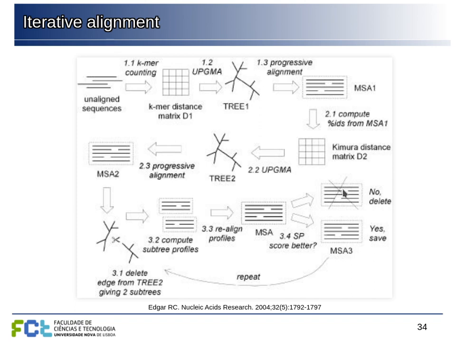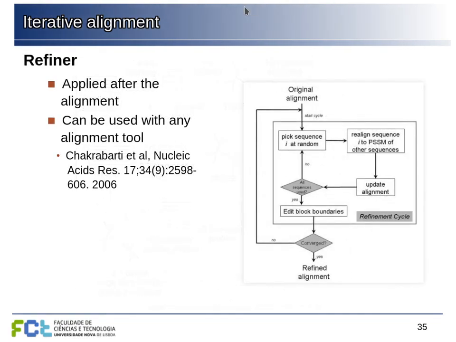Check if it's better. If it's worse than what we had, it's deleted. If it's better, it's kept, and then everything is repeated. So it will iteratively try to improve the alignment by randomly separating the tree into two subtrees and recomputing the alignments there.